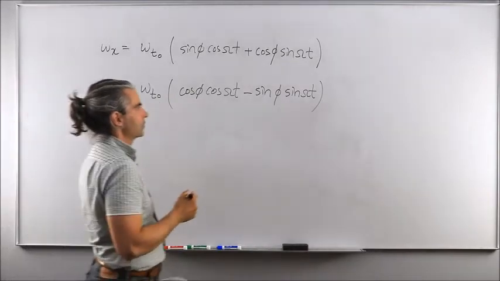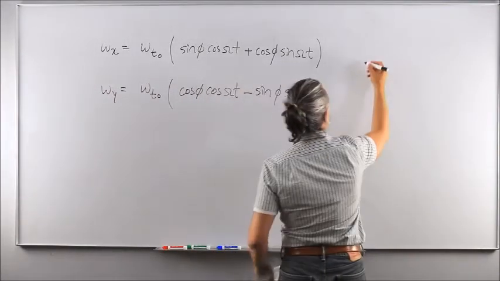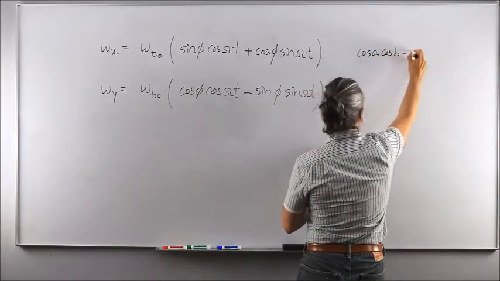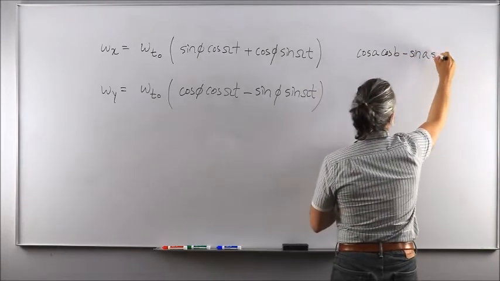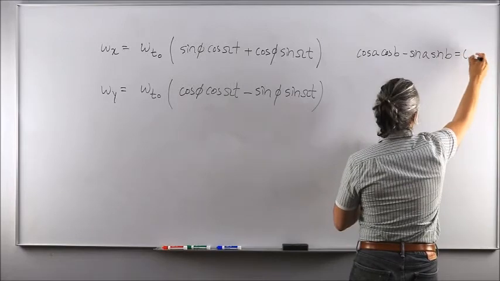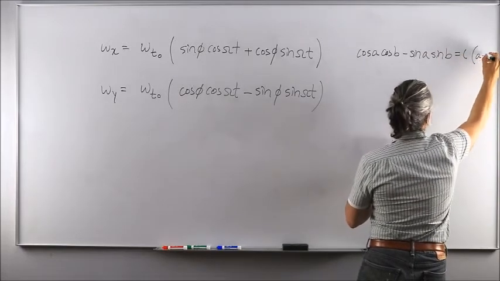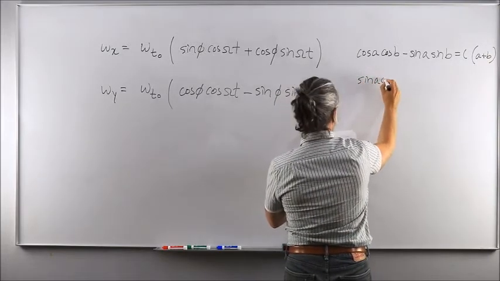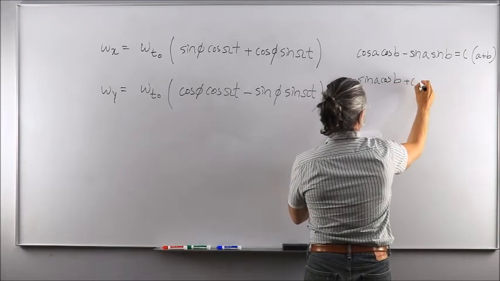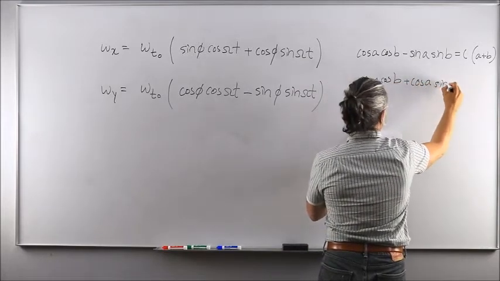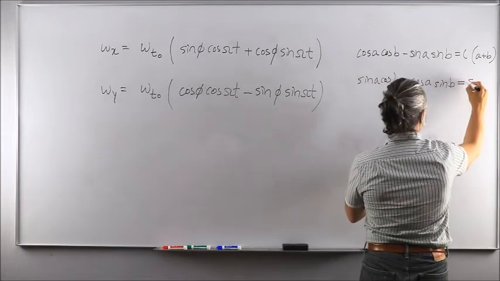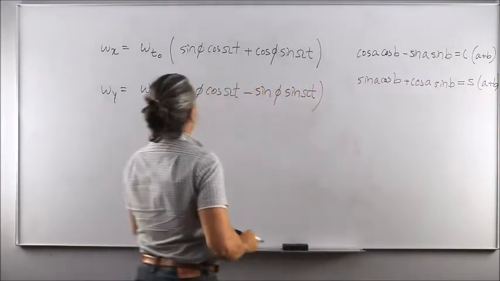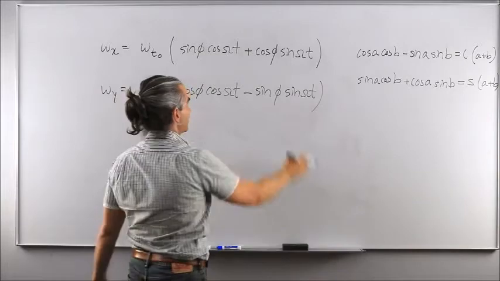And the trick here is to make use of some trig identities, and specifically that cos A cos B minus sine A sine B is equal to cos of A plus B, and similarly that sine A cos B plus cos A sine B is going to be equal to sine of A plus B, just like that. Because, surprise, surprise, this is exactly what we have here.